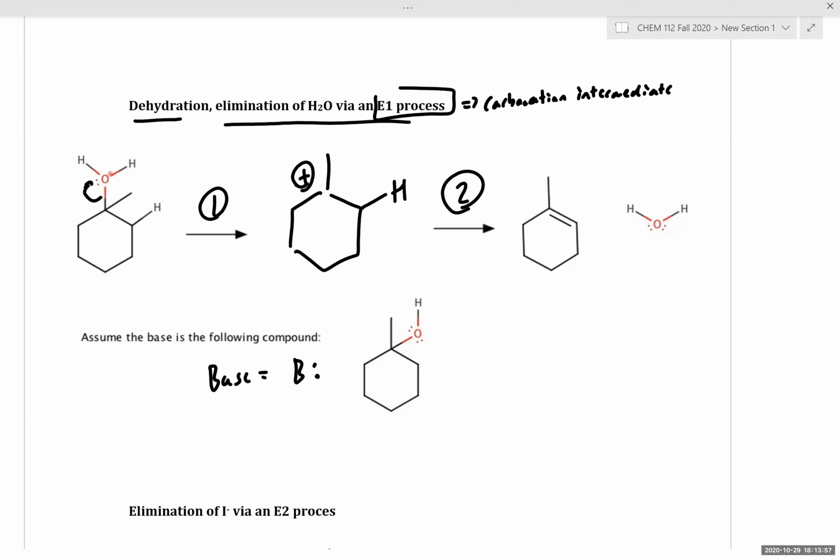So once we have our carbocation, how do we generate our alkene? How do we generate this elimination product? So let's keep working on this example, and don't be shy to share your proposed responses using the annotate tool.